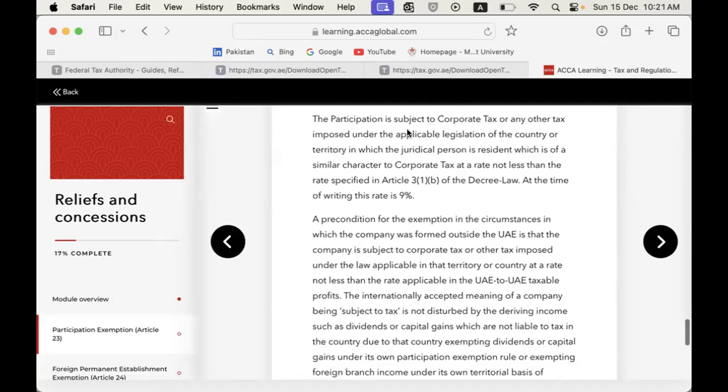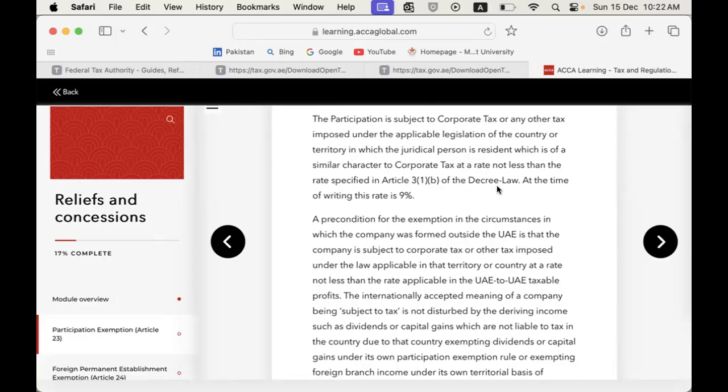The participation is subject to corporate tax or any other tax imposed under the applicable legislation of the country or territory in which the juridical person is resident, which is of a similar character to corporate tax at a rate not less than the rate specified in Article 3, 1B of the decree law.